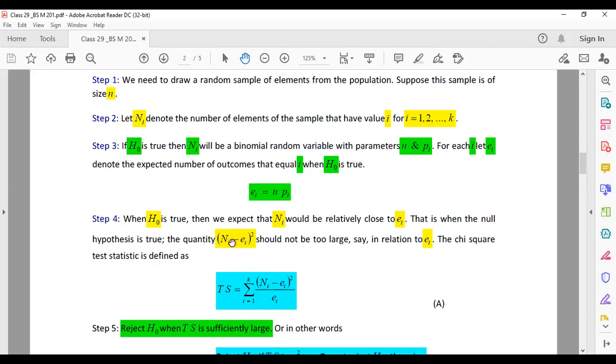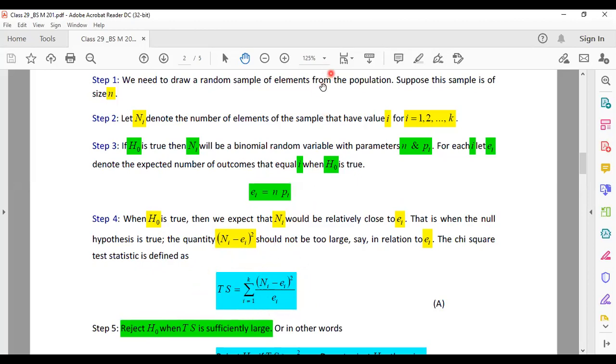So what we always do is take the square of the deviations, and the square of the deviations will be very small if Ni and Ei are too close to one another. The chi-squared statistic in that respect is given by this.